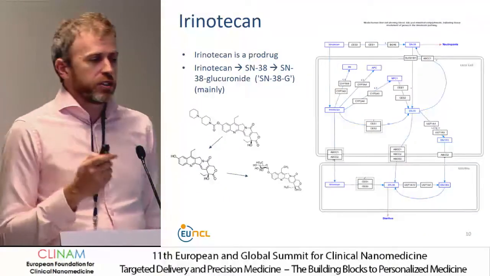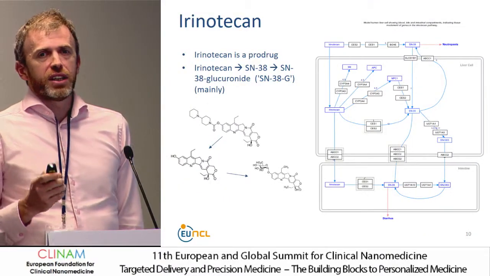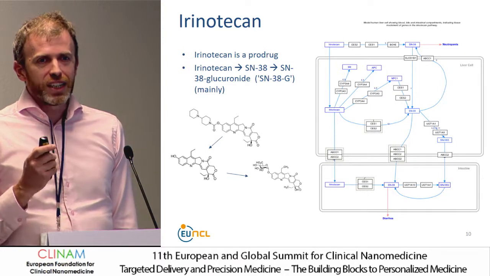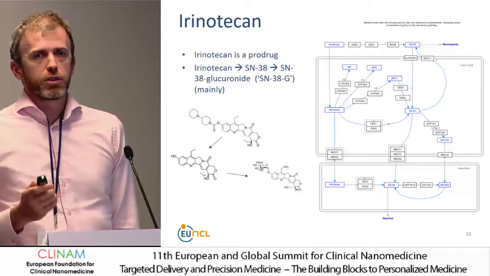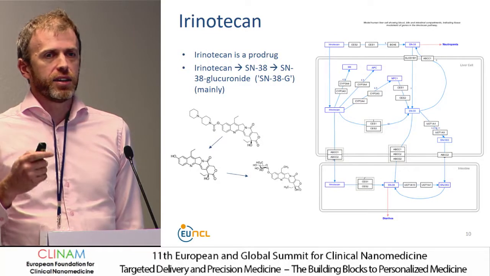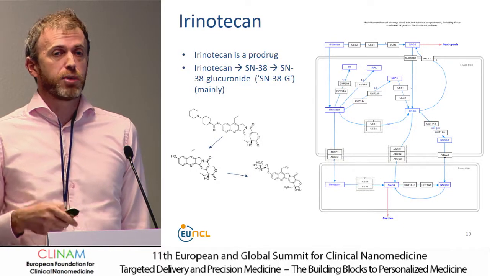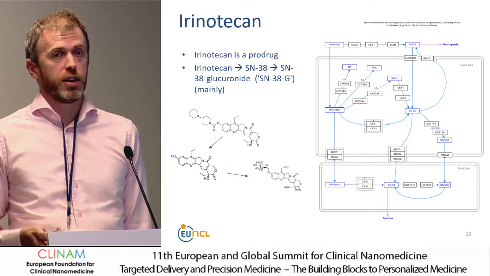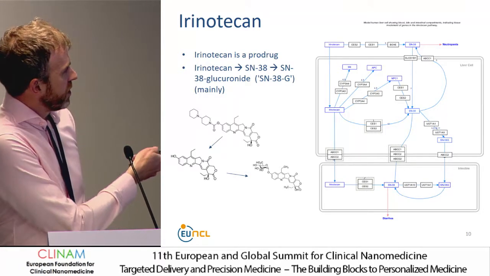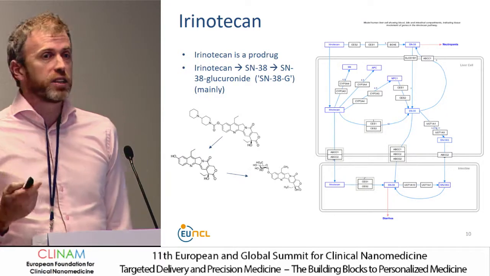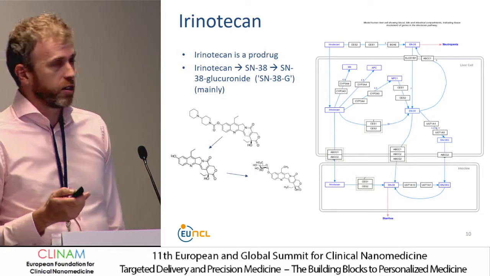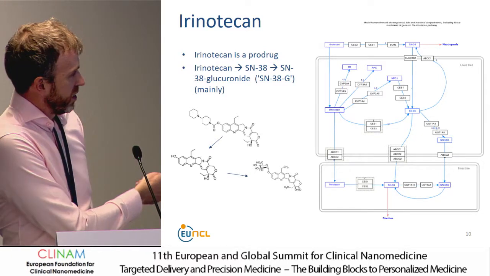Very briefly on Irinotecan. Irinotecan is a cytotoxic drug, but it's not really the drug. It's a prodrug of a compound called SN38, and the cytotoxic activity of SN38 is about 2,000 times higher than Irinotecan. So they added this group here in order to increase solubility and improve the pharmacokinetics of the drug. But this is the active compound.